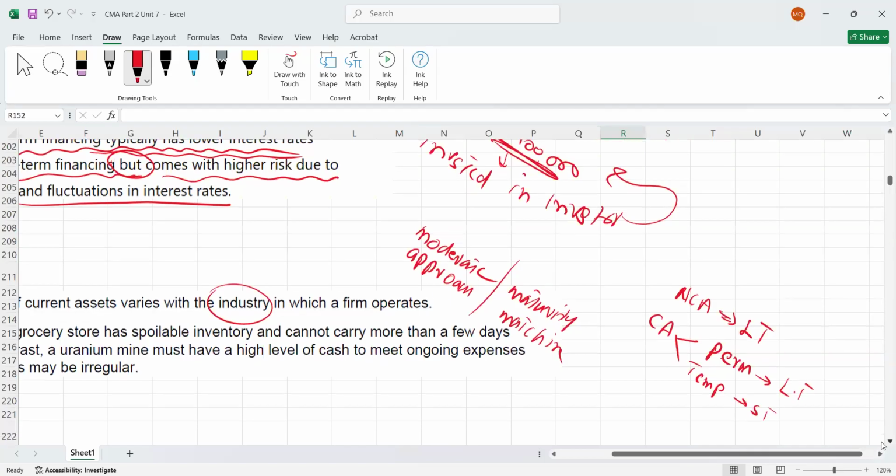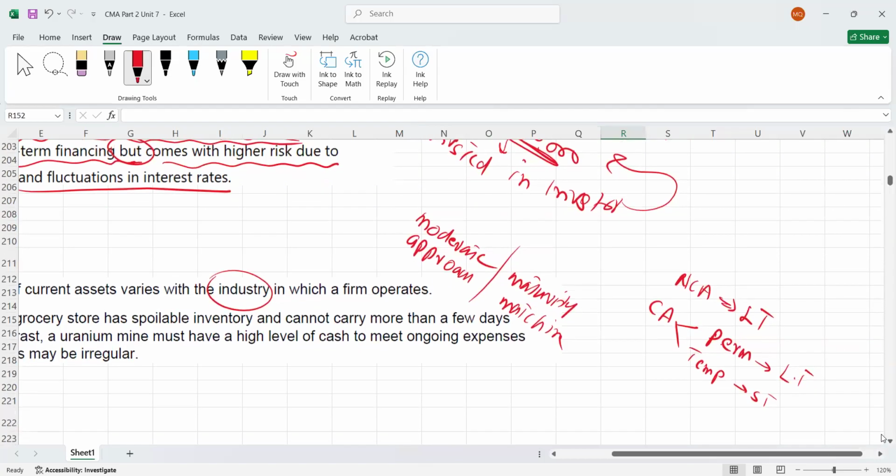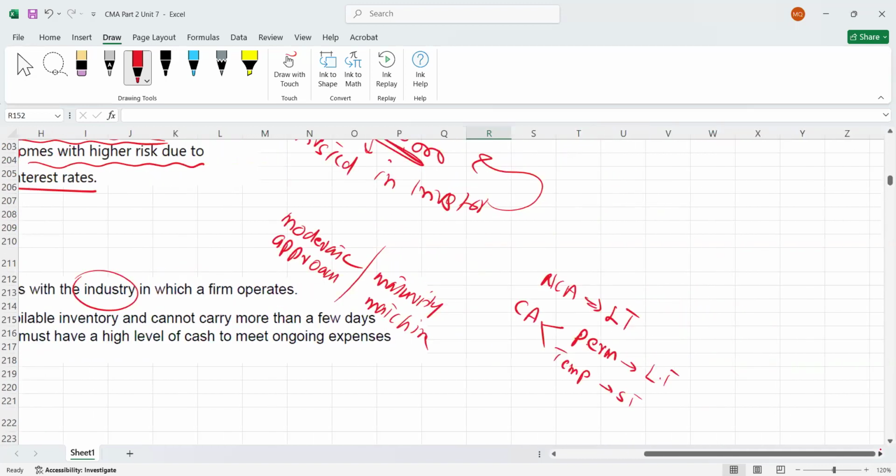So what the maturity matching or moderate approach says is that you should use long-term sources of finance for the long-term assets like non-current assets and permanent current assets, and you should use short-term sources of finance for temporary current assets, right? The reason is you are trying to match the maturity of the asset with the duration of the loan or the finance.